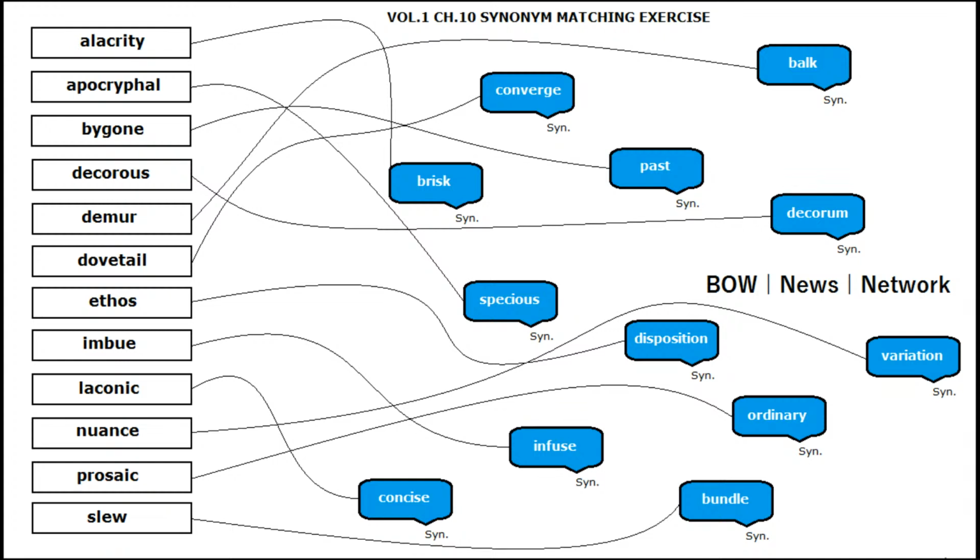Nuance would be variation, and slew would be bundle. We try to use this technique of synonym matching to help increase your total recall power when it comes to standardized exams.